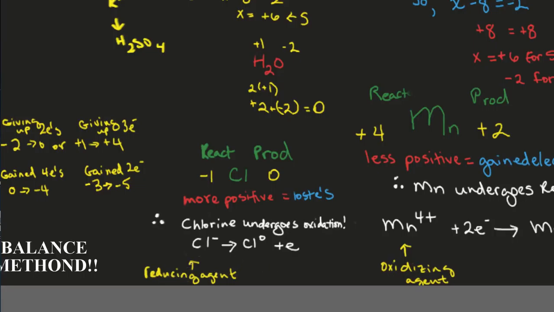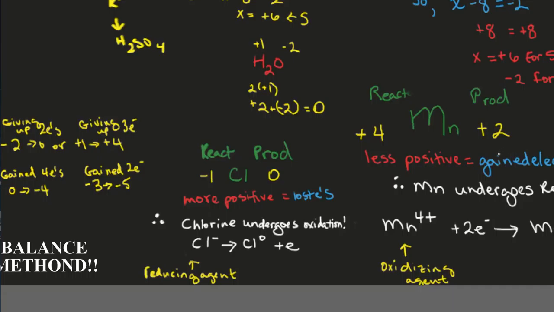The chloride on the reactant side is the reducing agent, so therefore it gives up the electrons that allow for reduction to take place. So the reducing agent actually undergoes oxidation. It gives up the electrons.